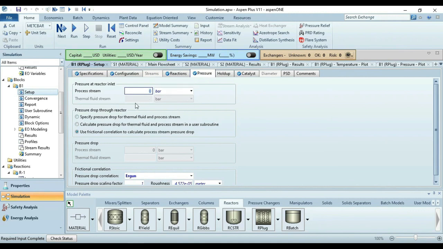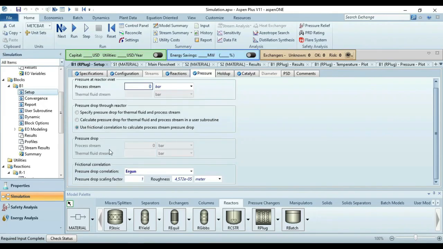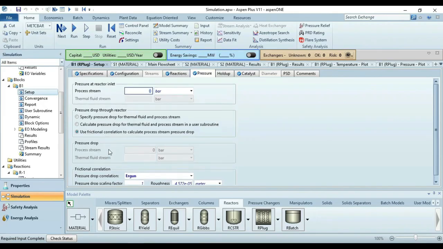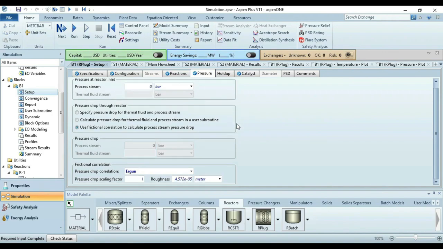We are going to use the default conditions here in this guide, but we can configure a pressure drop, for example, estimating it using the Ergun equation. We also have the possibility of considering pressure drop in reactors, so this is important for this model of a reactor. We can define it here or create a correlation.